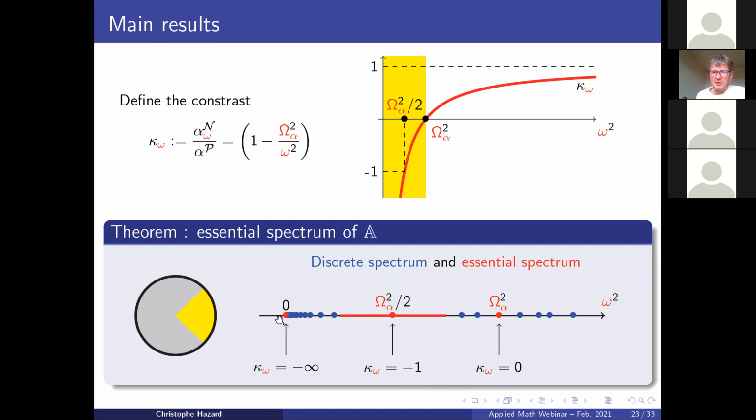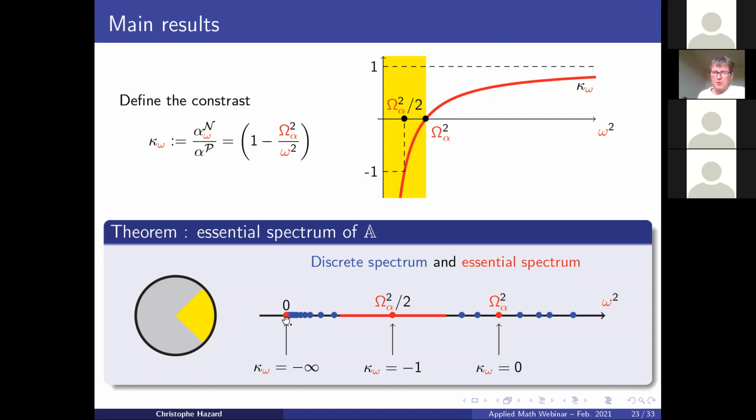The main results are represented in this picture here, where the discrete spectrum is represented by blue points. I will not say anything about that. I'm interested in the essential spectrum. And you see that the essential spectrum, which is represented in red here, consists of 3 parts.